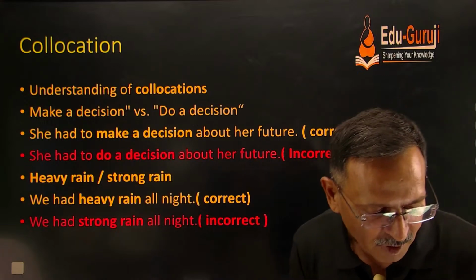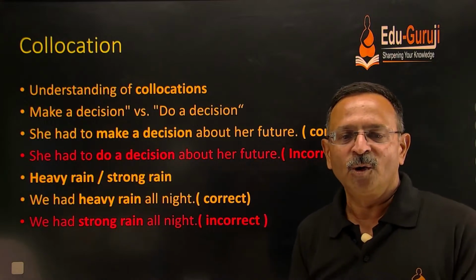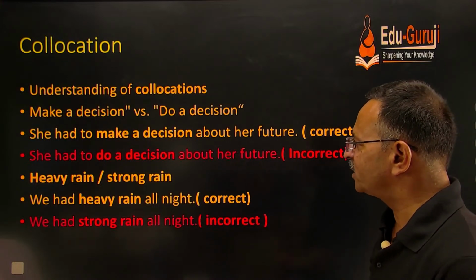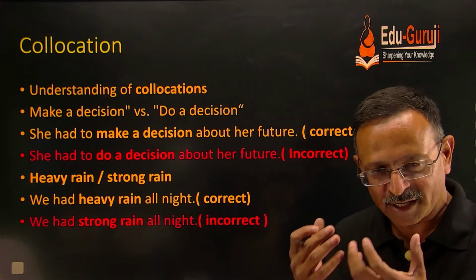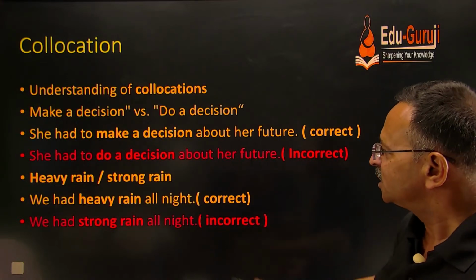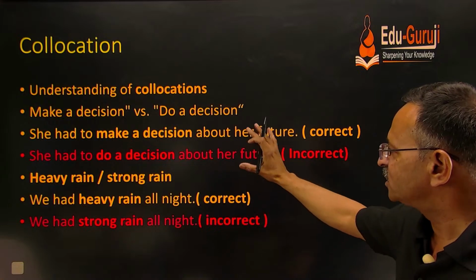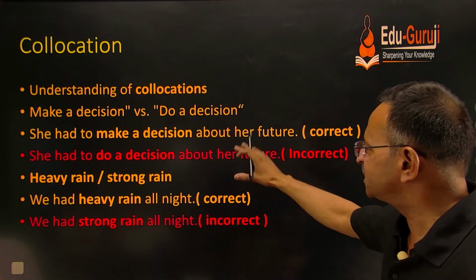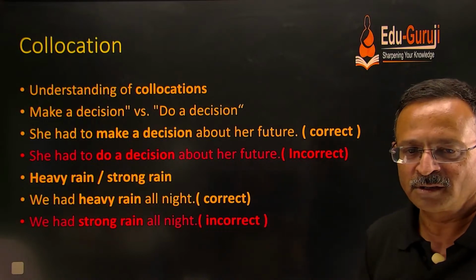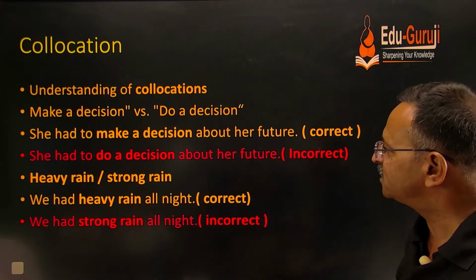Then the next part is collocation. Understanding of collocation is very, very important whenever you're talking about language. So we have two things: make a decision versus do a decision. Which should be the better construction?